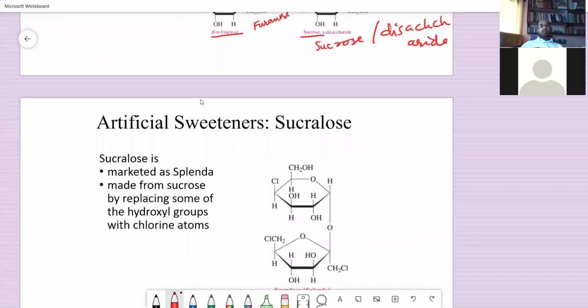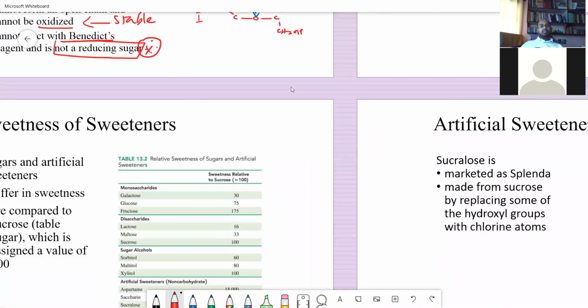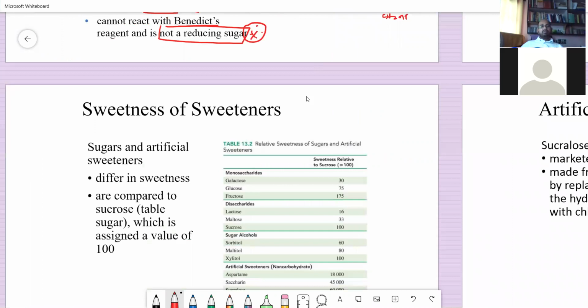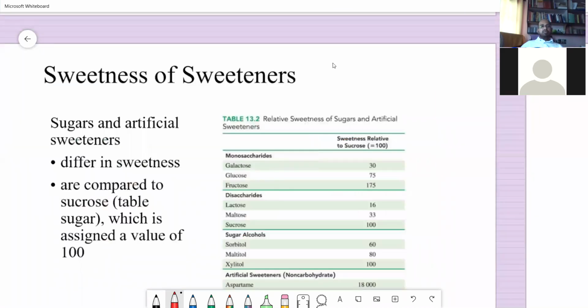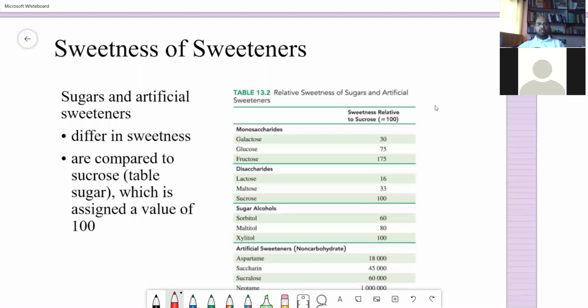So what are the advantages there? These are the sweeteners. We have already seen how sugars are sweet. So look at the relative sweetness of sugars and artificial sweeteners. Galactose, glucose and fructose. If you scale glucose to 75, fructose is about 175, more than 100 times sweeter than that itself.